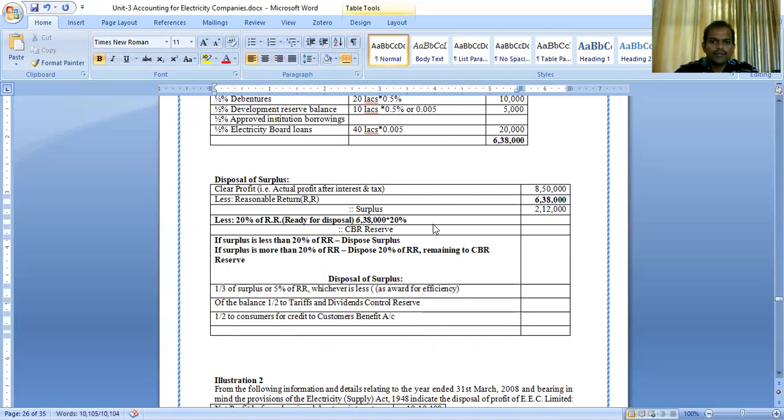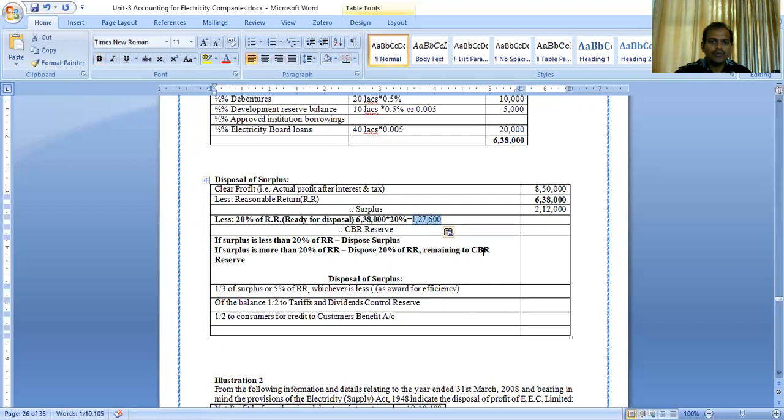So it comes around 1 lakh 27,600. So in the sense, if surplus is more than this 20%, then dispose of 20%, so this amount we have to dispose of.